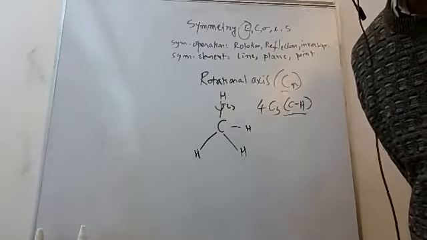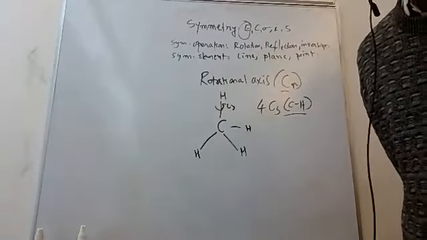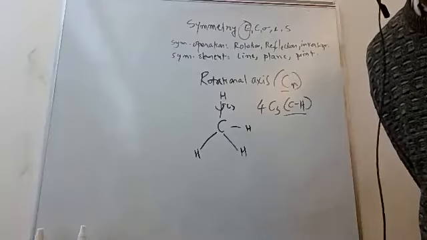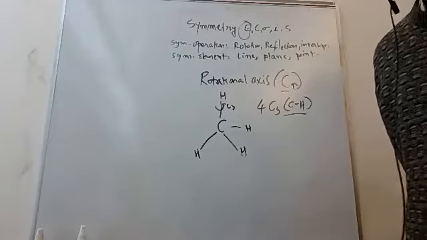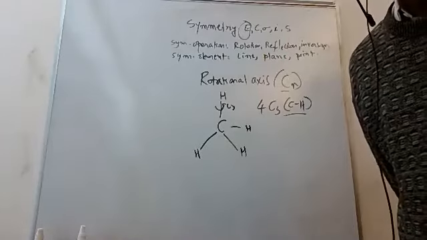Compare this with BH3, which had only 1 C3 but 3 C2s. This one has 4 C3s. Am I making sense here, folks?